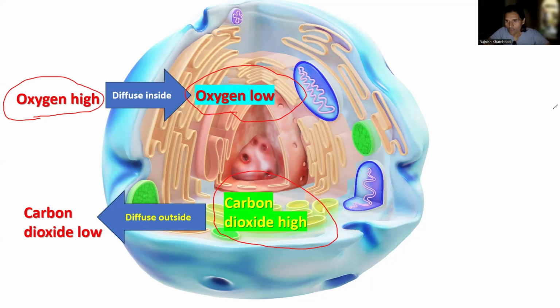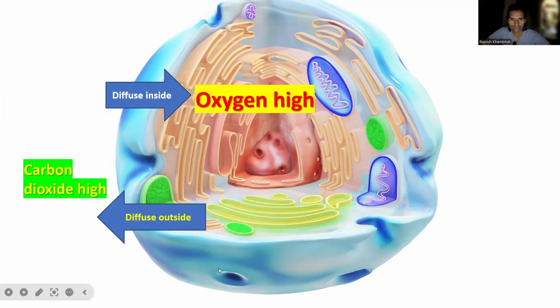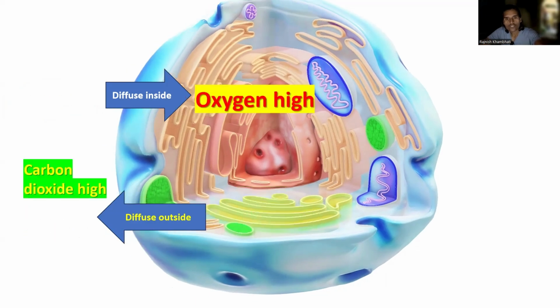Exactly. Now, see very carefully. You will be seeing the animation over here. Okay. Now see. Now, as oxygen enters inside the cell, oxygen becomes high because oxygen has diffused inside the cell.